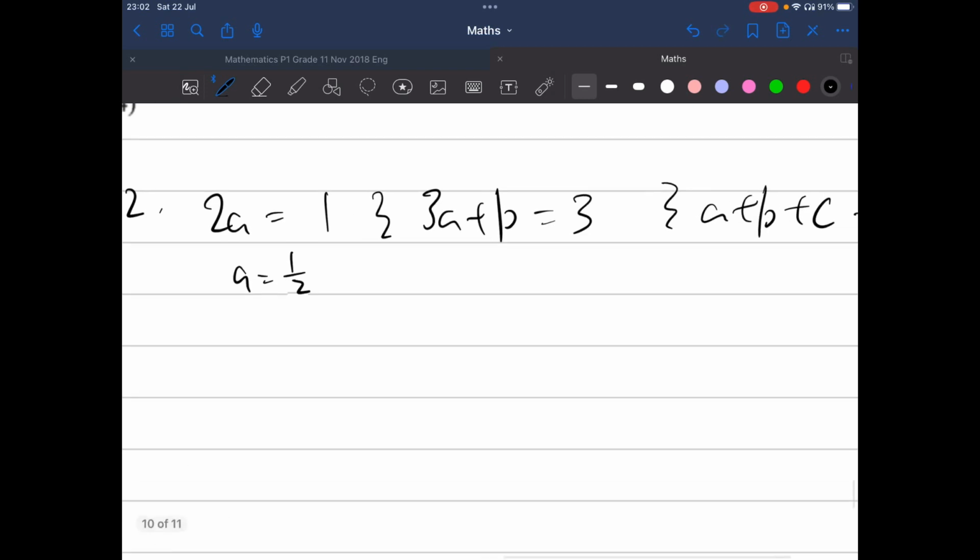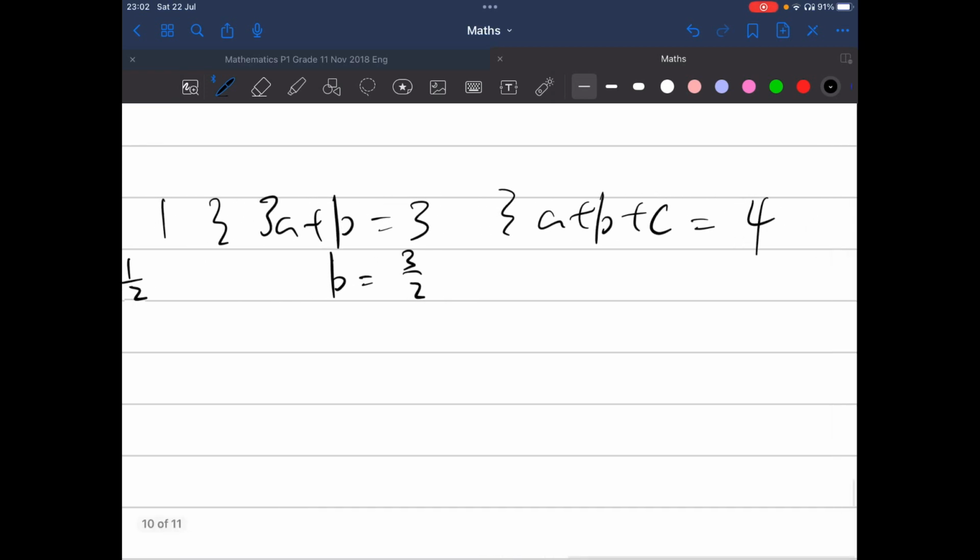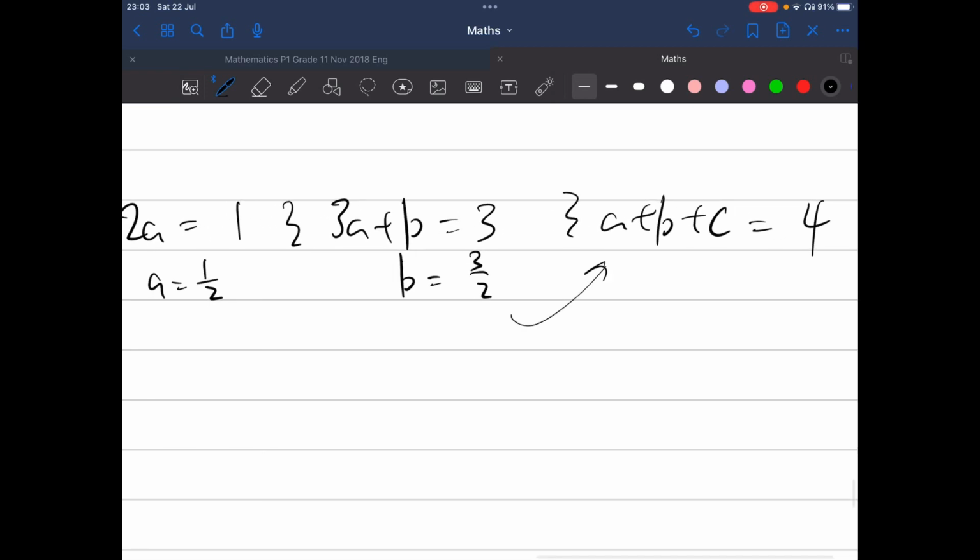Now I can take that half and substitute it in here. So 3 times half is 3 over 2, and then 3 minus 3 over 2 is 3 over 2. Then I can take a and b and substitute them in here to get c.